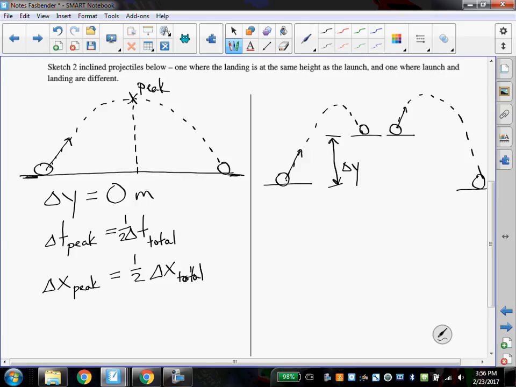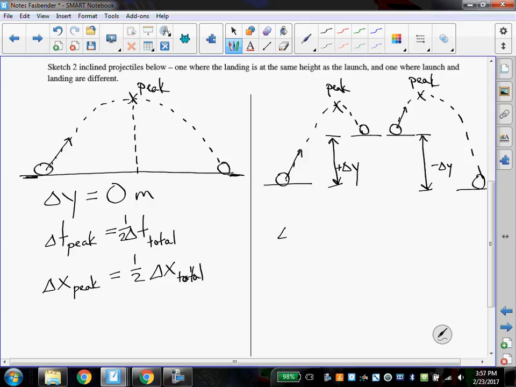It could be a positive delta y, like in our first example, because we are landing higher than where we started. Or it could be a negative delta y, like in the second example, because we're landing below where we started. To signify that up or down, we need to use a positive or negative sign. Now, if you notice where these peaks are, the peak of the motion is no longer right in the center. It's skewed to one side.